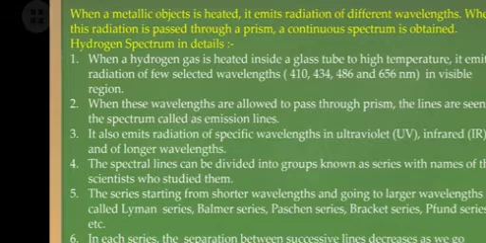When these wavelengths are allowed to pass through the prism, the lines are observed, and these lines are called emission lines. This we have observed in the previous slide. Hydrogen also emits radiation of specific wavelengths in the ultraviolet, infrared and other regions which have longer wavelengths.